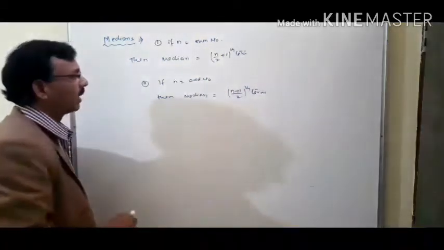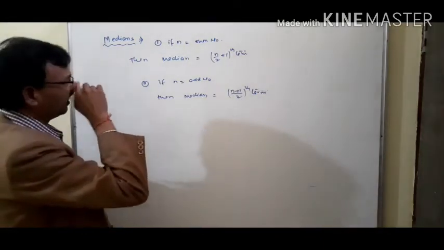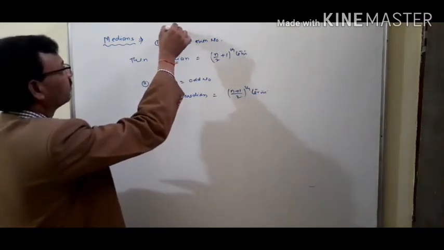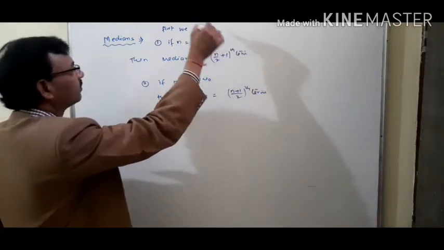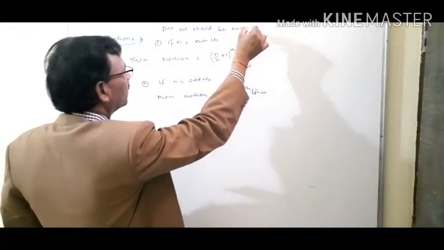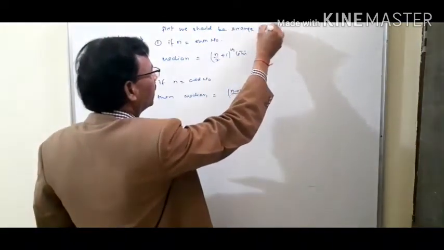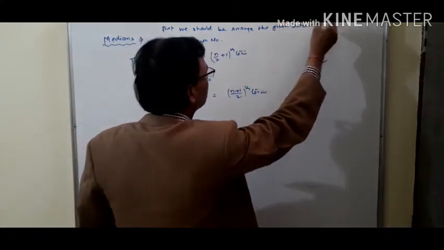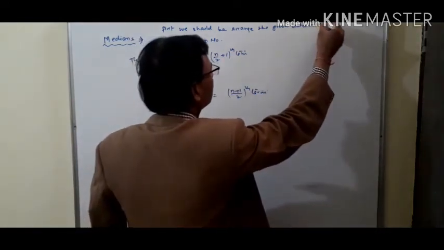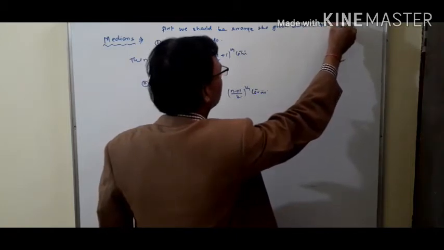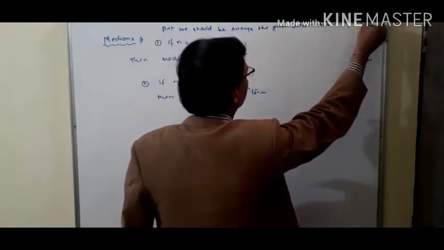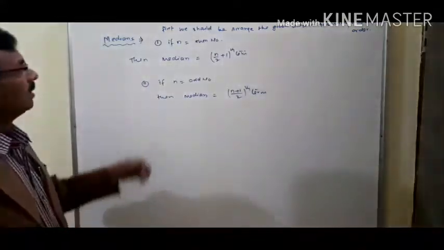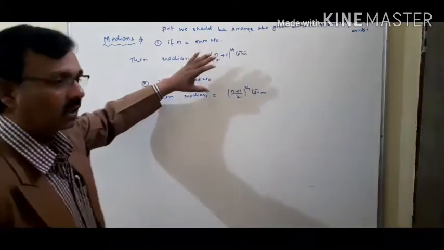For finding a median, first we arrange the given data in ascending or descending order.